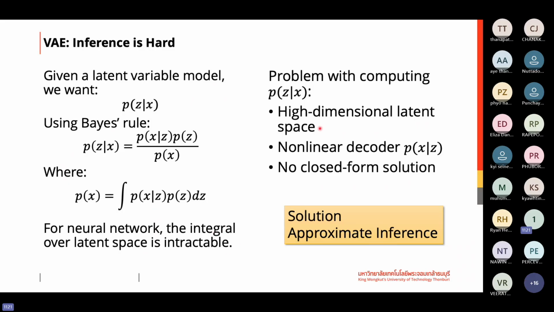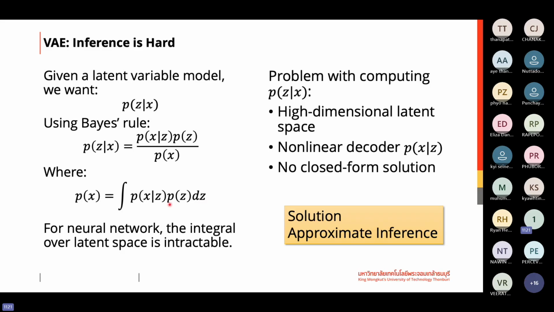Because you have a high dimensional latent space, how would you be able to sample everything? And you also have a nonlinear decoder, don't forget. Even if you somehow find a way to integrate it, you have the nonlinear P(X|C), that's a neural network, and that means there's no closed form. It cannot be done.